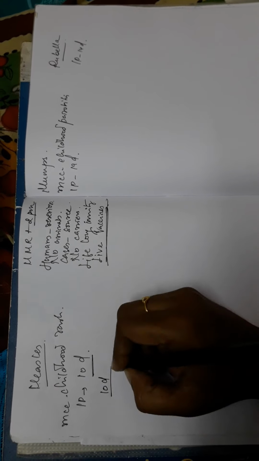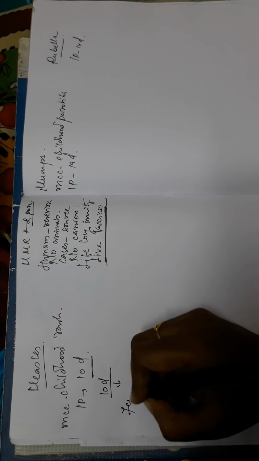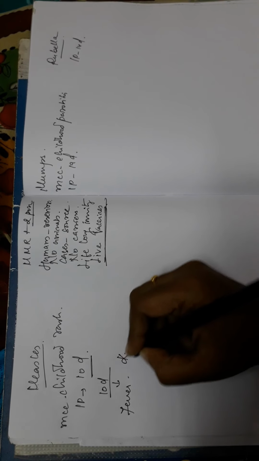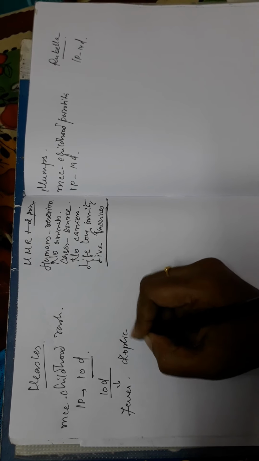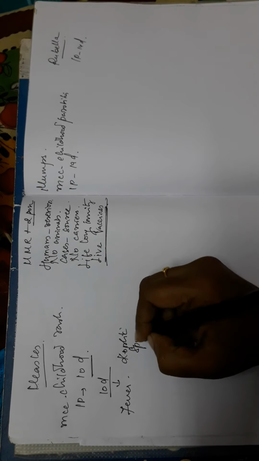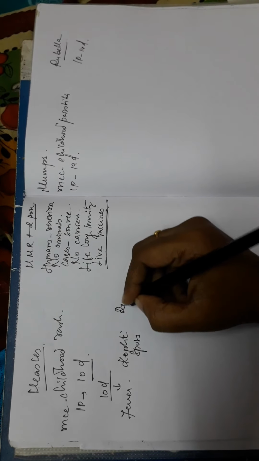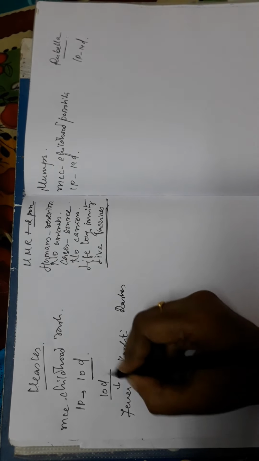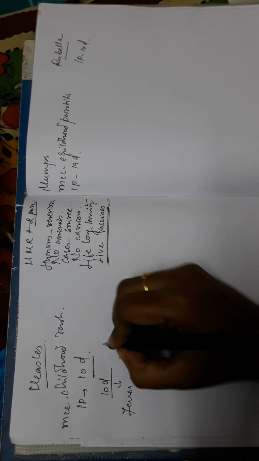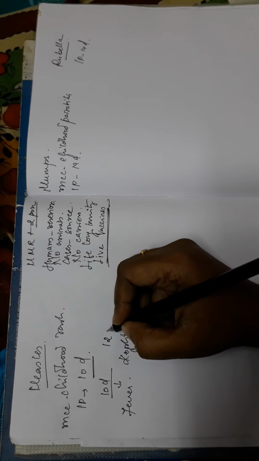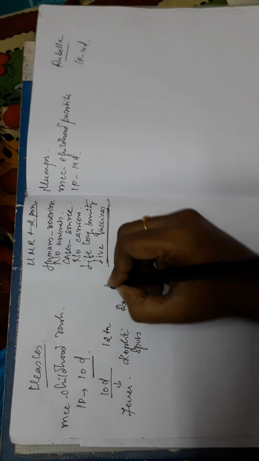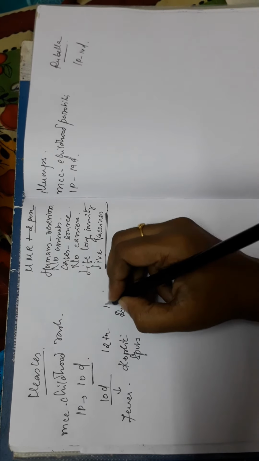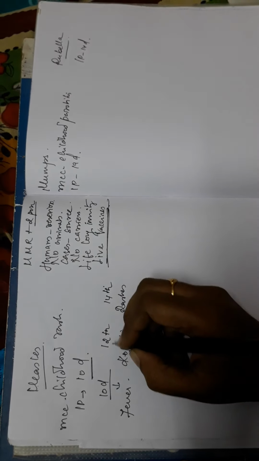So on the 10th day, symptoms like fever. Next is Koplik spots. Next is rashes. So fever occurs on the 10th day, Koplik spots appear on the 12th day, then rashes appear on the 14th day. 10, 12, 14.